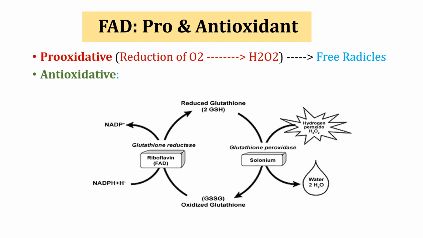For reconversion of oxidized glutathione into reduced glutathione, the enzyme glutathione reductase is required, and this enzyme contains FAD as a coenzyme. So these are the oxidative and antioxidative roles of FAD.